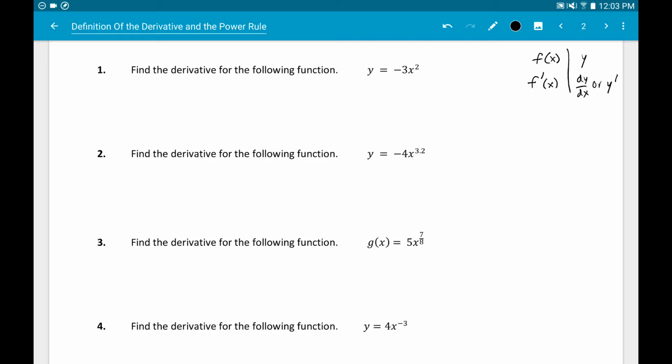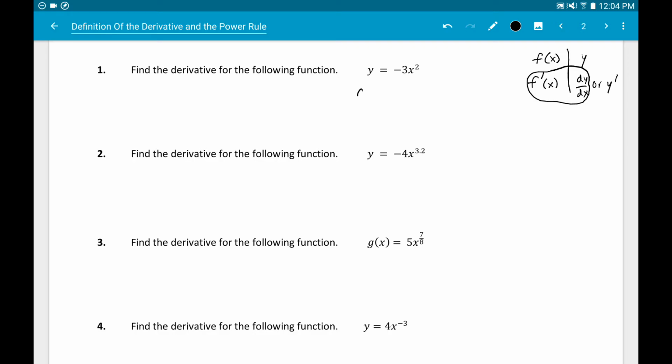In later stuff in chapter 3, you'll see what I'm talking about, but typically I'm going to just use either function notation f prime of x or Leibniz notation dy over dx. Either one of those things that you see me write is going to indicate the derivative.